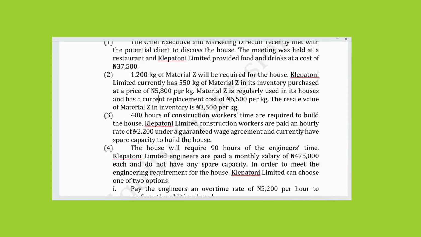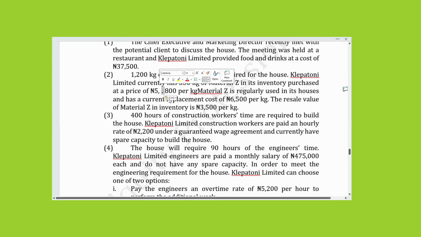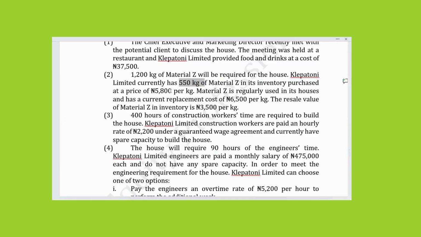So this 5,800 naira was the amount spent to purchase this material of 550 kilogram. That 5,800 naira is a sunk cost or historical cost. It's a past cost. Any past cost is irrelevant cost. Therefore, this 5,800 is not relevant.